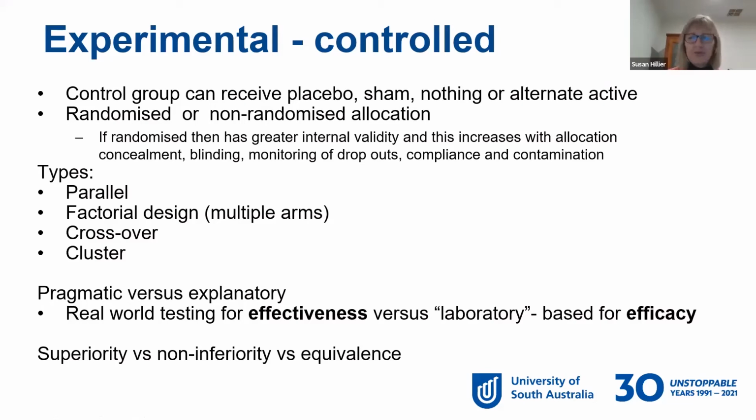Then the crossover happens, and the participants who received the intervention in the first phase, in the second phase, receive the control, and the control group in the first phase cross over to receive the intervention of interest in the second phase.